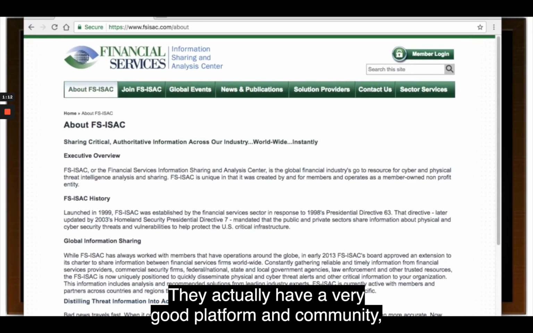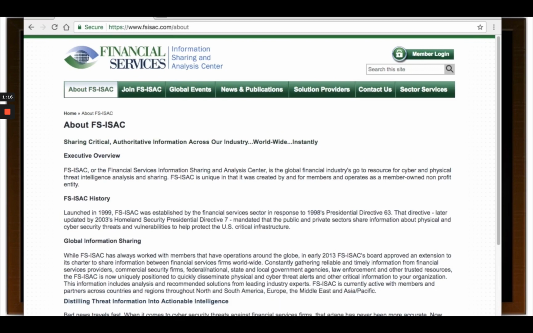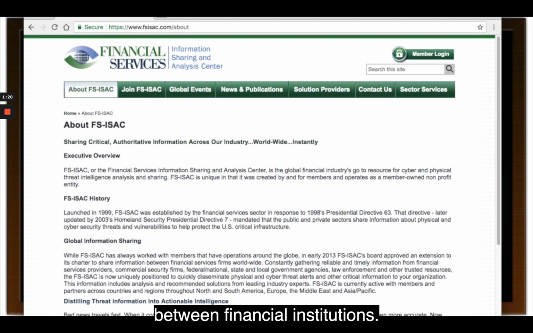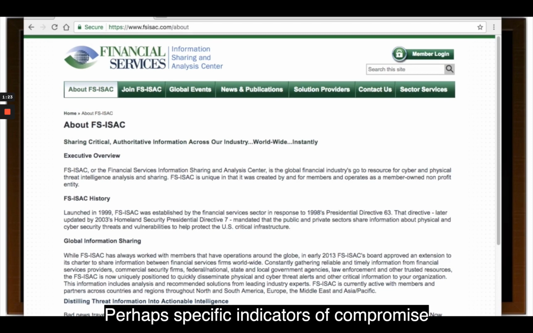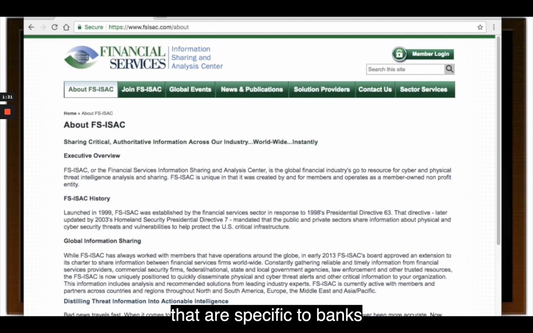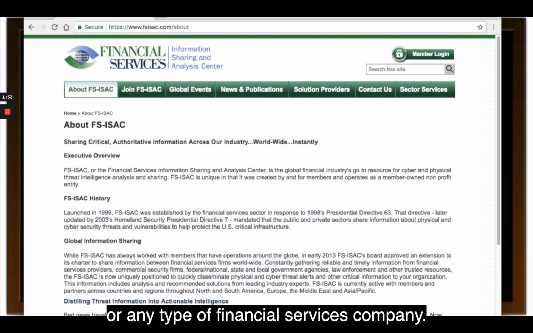They actually have a very good platform and community where they share a lot of information between financial institutions, right? Perhaps specific indicators of compromise or observables that are specific to that vertical, right? That are specific to banks or any type of financial services company.